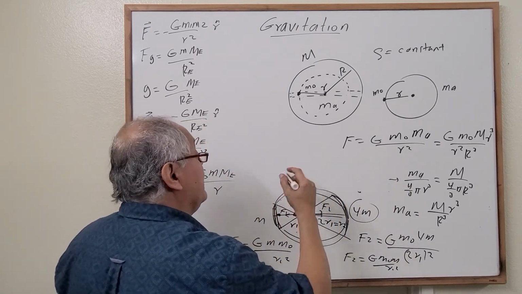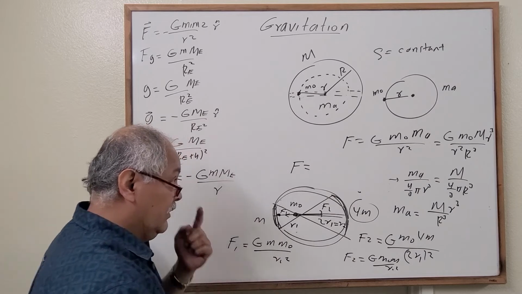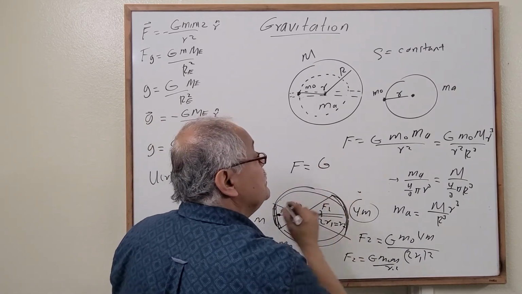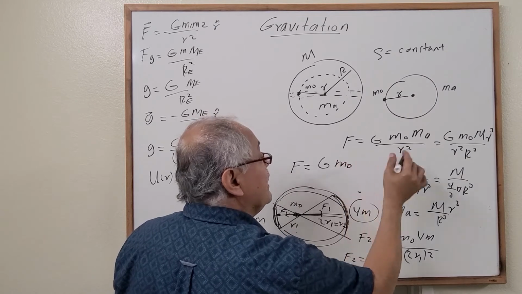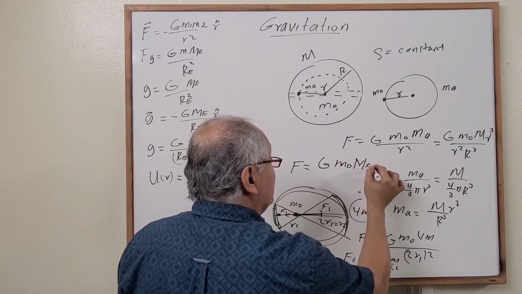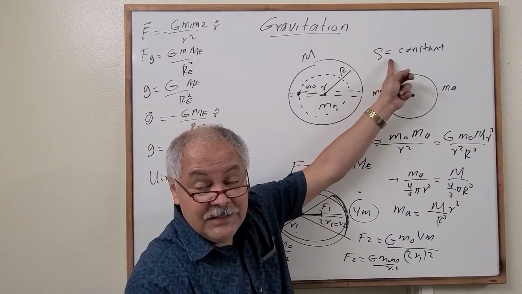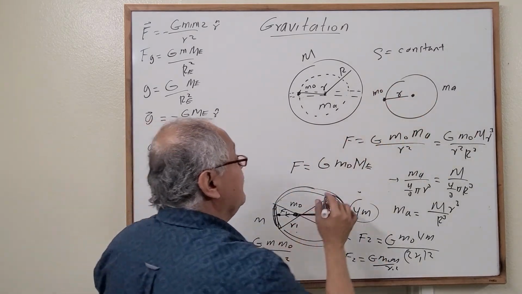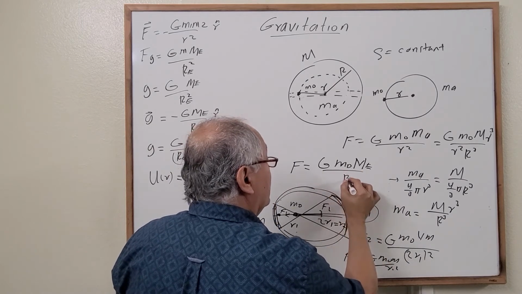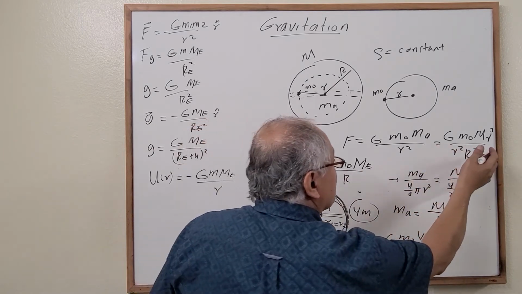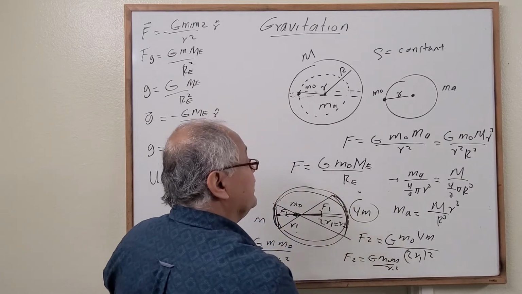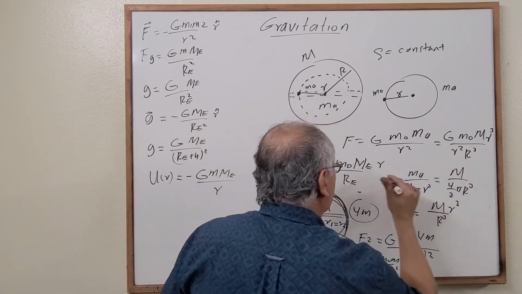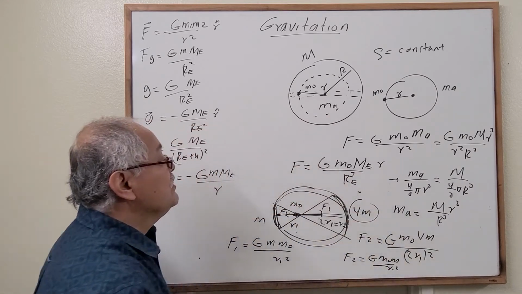Now, what should be the magnitude of the force inside of the Earth? It's going to be equal to G, right, M naught. Now let's take this to be the mass of the Earth, in case the density is constant. It's a special case, correct? Divided by the radius of the Earth cubed, times r.